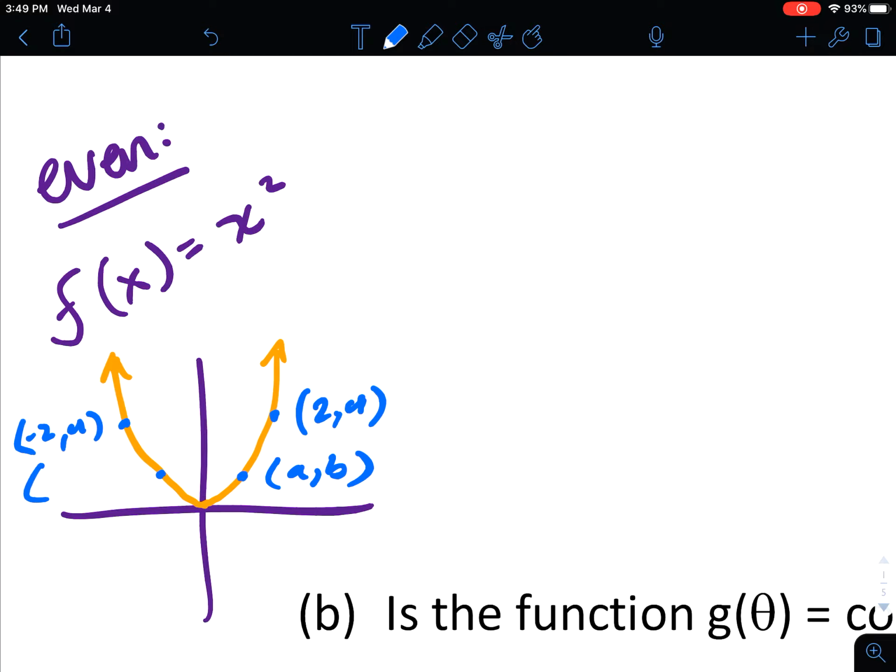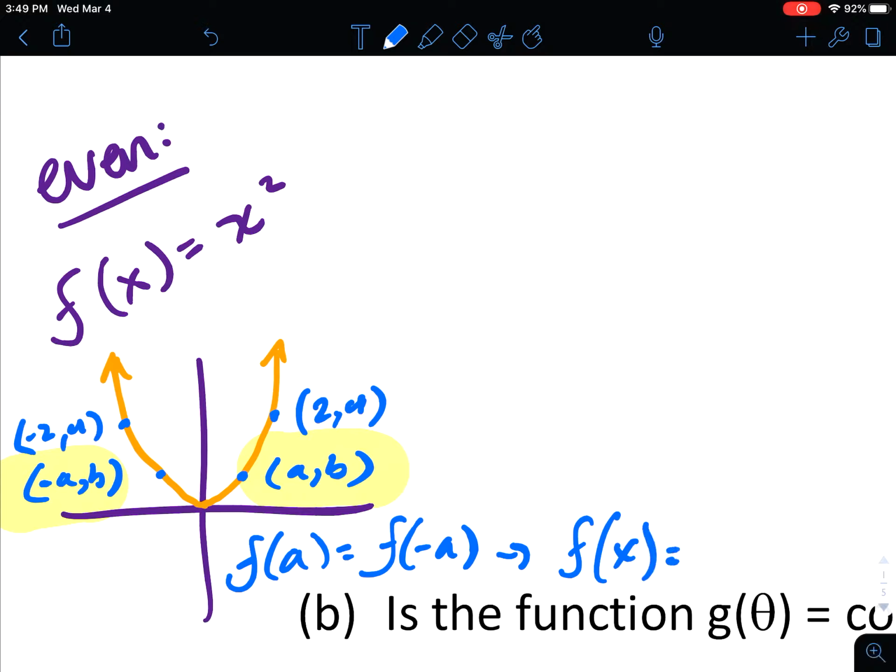We'll have another point, -a, b. And so using this generalization, we can say that f of a is equal to f of -a. Or more generally, reading that with x, we can say f of x is equal to f of -x. That's the rule for an even function.